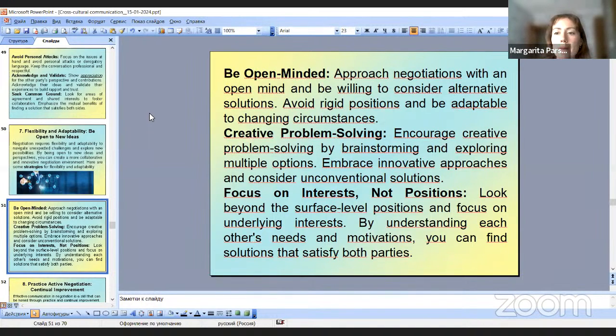But we mind the interests of every person in this communication process. What are the needs? What are the motivations of every person? When you understand the interests, needs and motivations of every person, you will find a solution that will satisfy every party in this communication process.